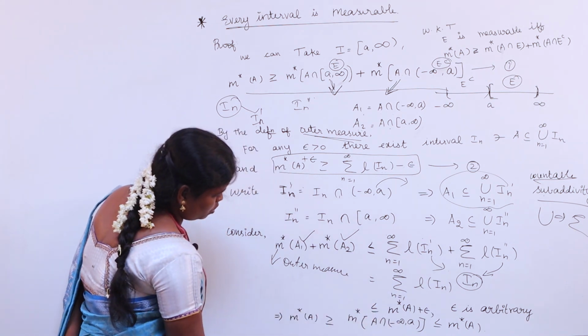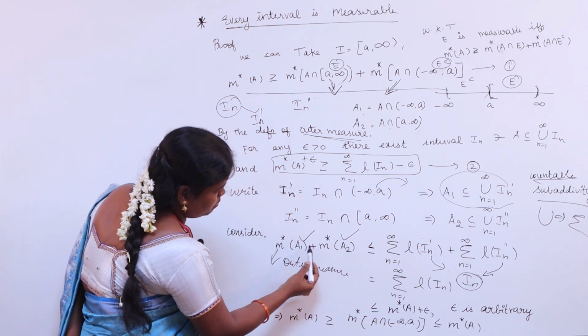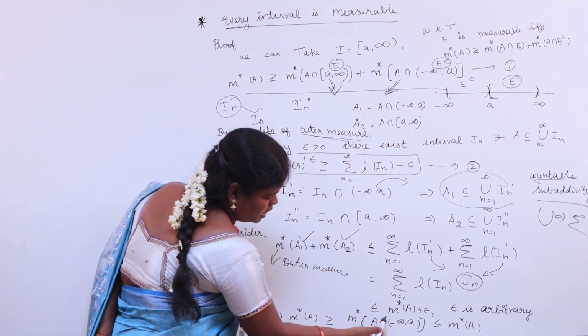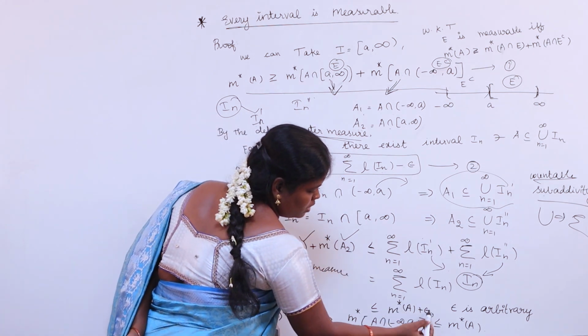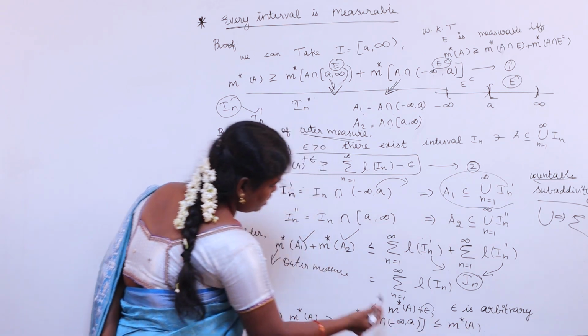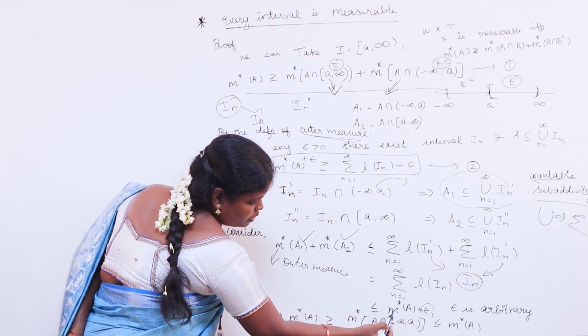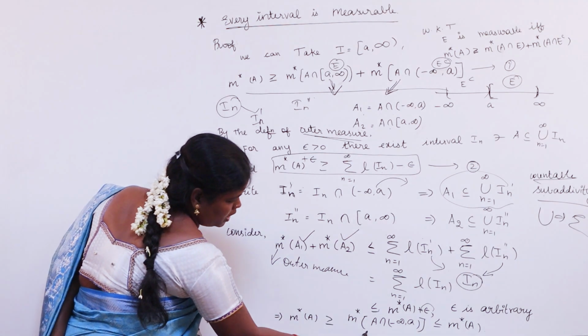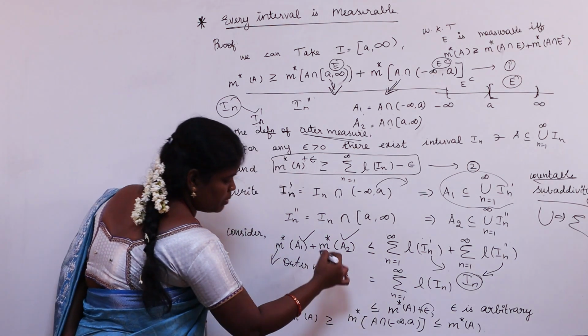So we substitute outer measure of A plus epsilon for the sum of lengths. We conclude M star of A1 plus M star of A2 is less than or equal to M star of A plus epsilon. Epsilon is arbitrary, so outer measure of A is greater than or equal to outer measure of A1 plus outer measure of A2.